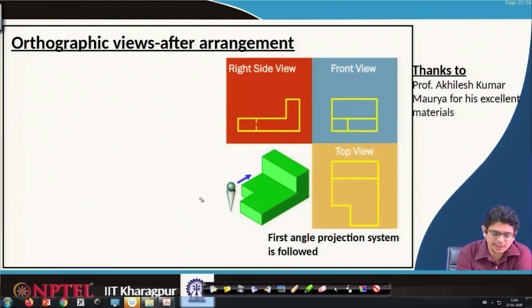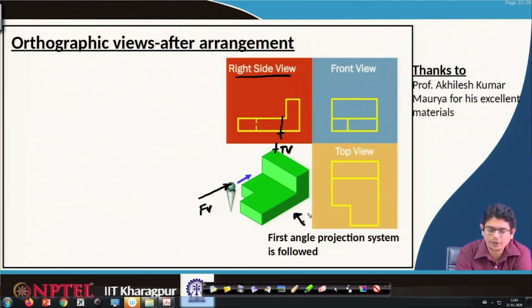Now, the side view, because this is the front view, this is the top view. One can look from the back also, but in the first quadrant system that is an opaque plane and the transparent plane is in this direction. So, if we are looking at that, the side view of this entire object maps here, because this is the front view direction, this is the top view direction.